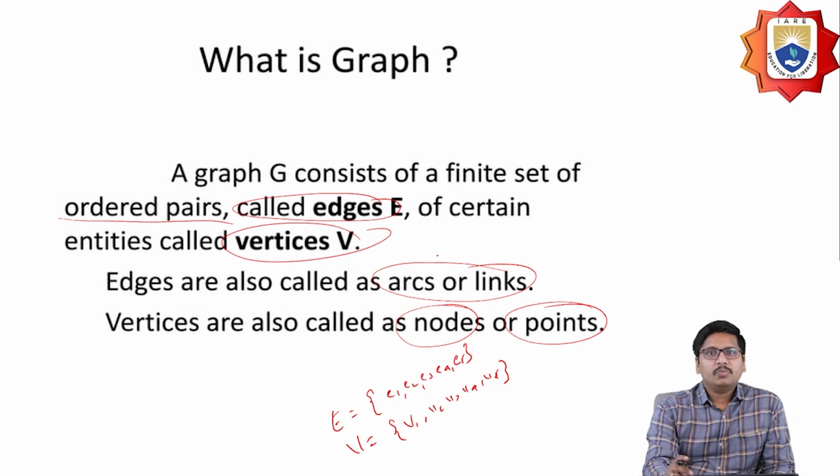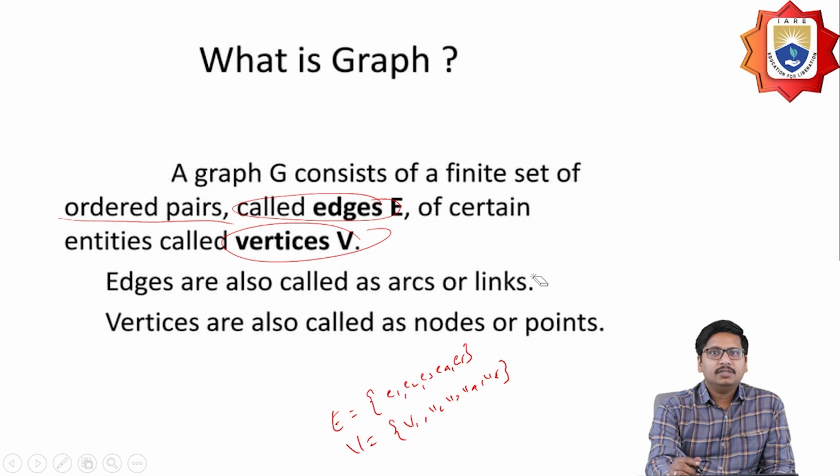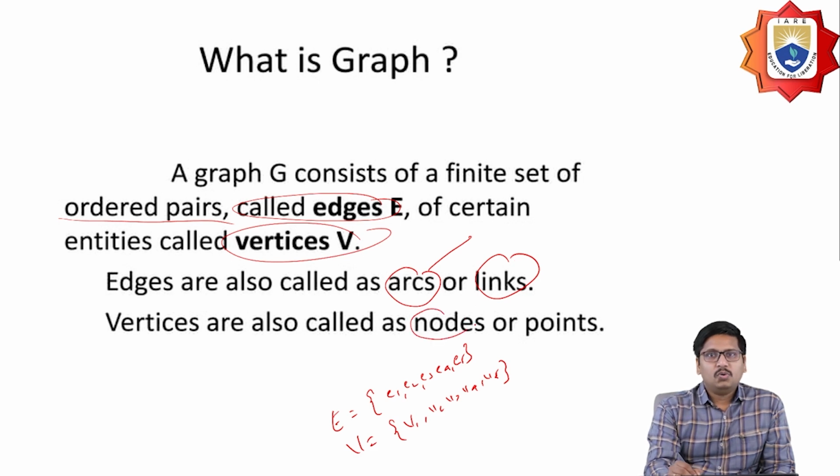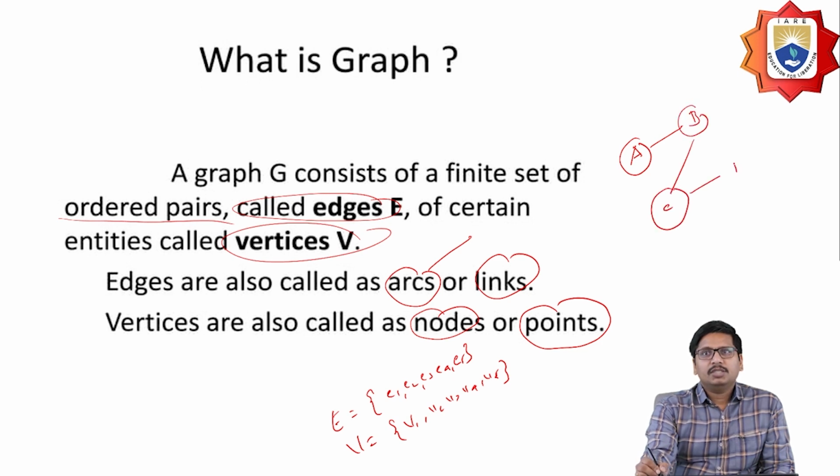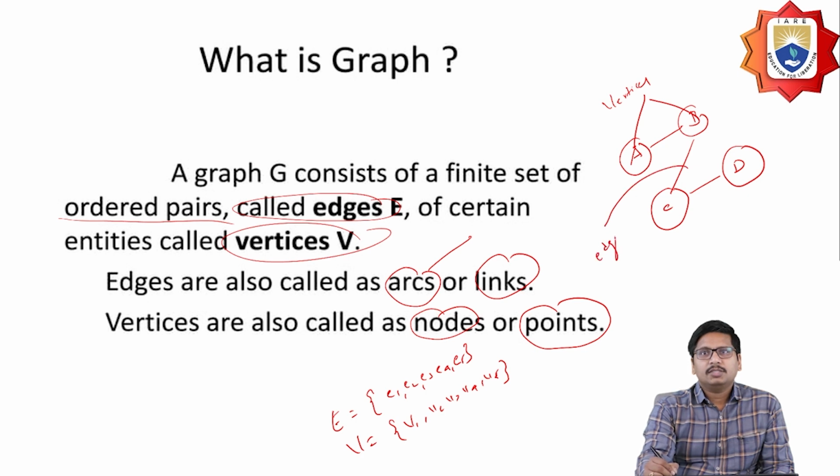The other synonyms we can call are arcs and edges. Arcs is one synonym and links is also another synonym. And vertices are also called nodes, or I can call them points as well. So if I draw a graph, in that graph I can represent vertices, so this should be the vertices, and this one we call edges.